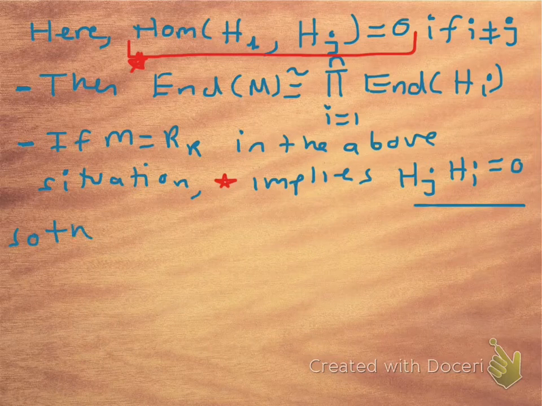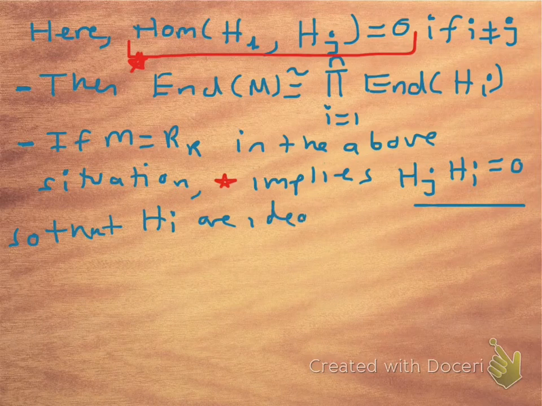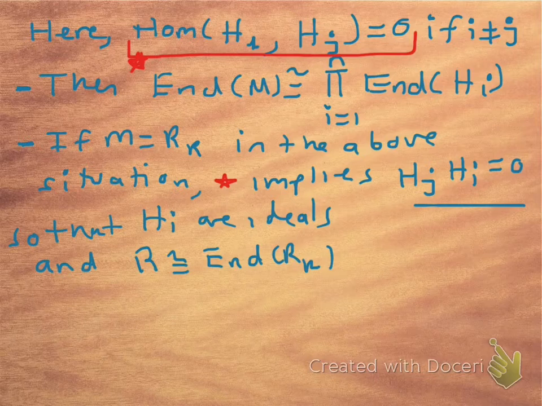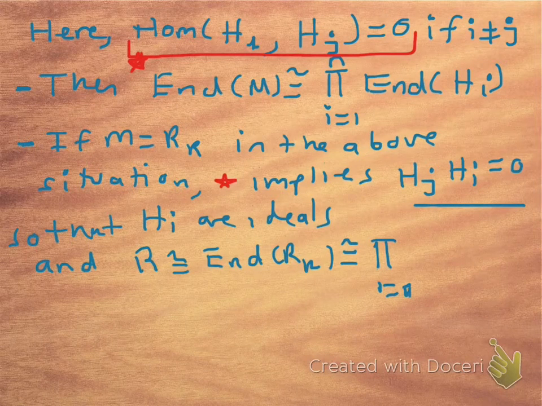And the second thing of interest to us, of course, is the fact that R, which we know to be isomorphic to the ring of endomorphisms of itself as a right module, is now isomorphic to the direct product of the rings of endomorphisms of the homogeneous components.